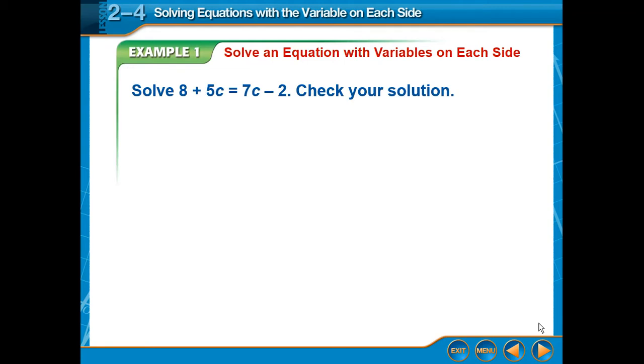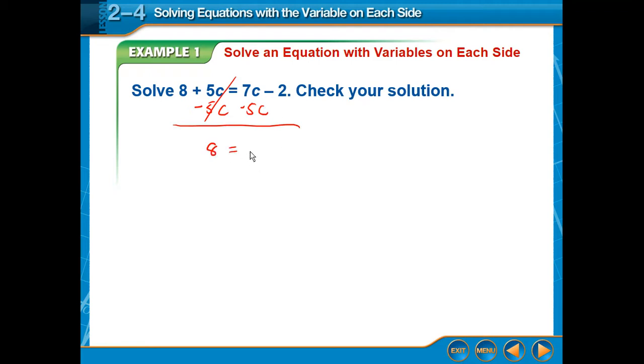Okay, so to solve an equation with variables on each side, we want to be able to get our variables together on the same side. So in order to do that, first thing we're going to do here is subtract 5c from both sides. Now that 5c over here is gone, and I just have 8 left.